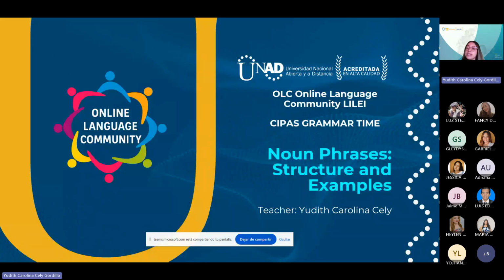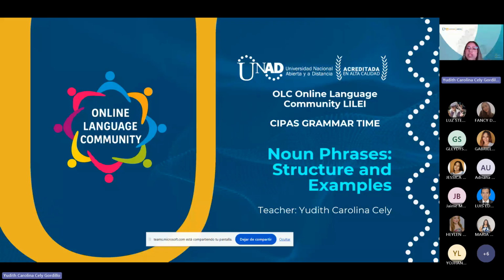Now we are going to talk about noun phrase structure, and you are going to identify the structure, the types of pronoun phrases, and their use.